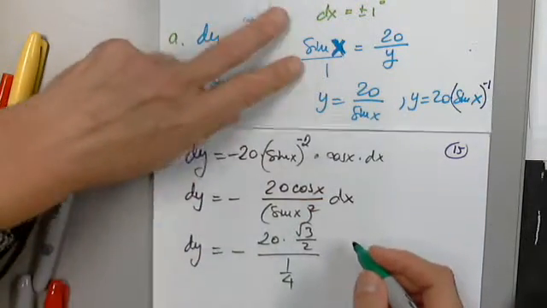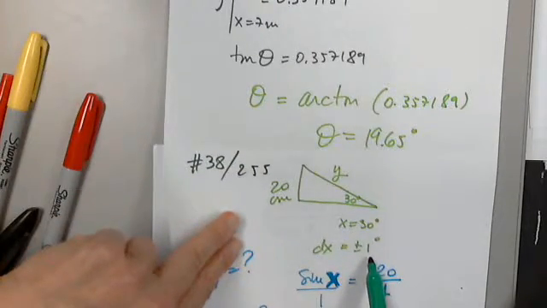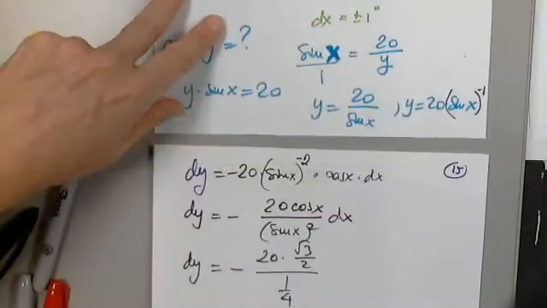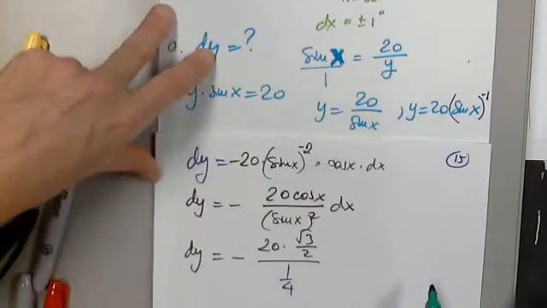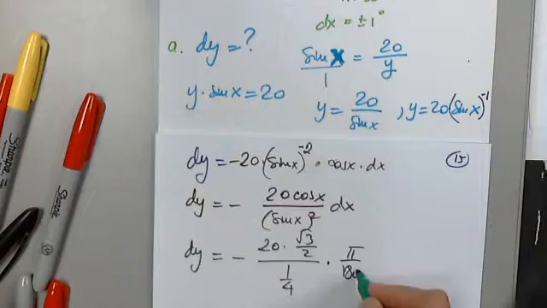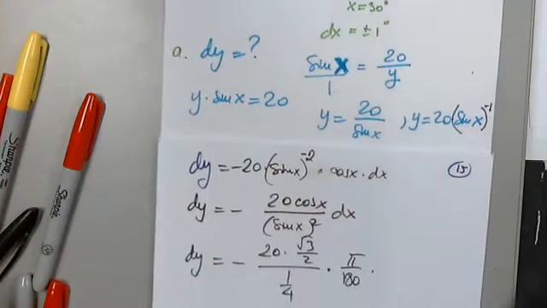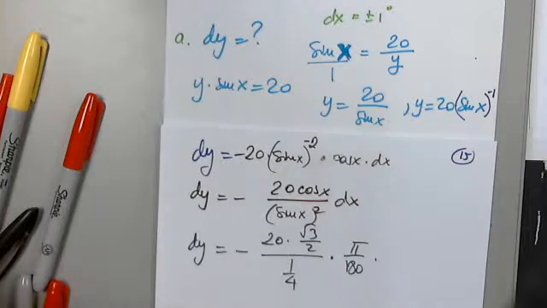And then this is plus or minus 1 degree. Okay? No degrees in calculus. So I have to write pi over 180, times dx, which is pi over 180, plus or minus.